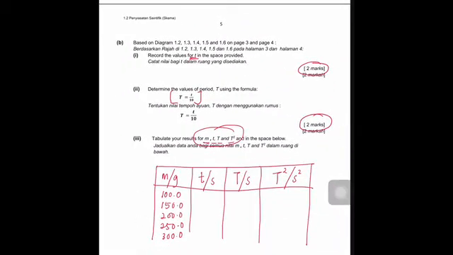Your T for 2.52, 2.60, 2.66, 0.72. See, all of them have the same decimal places, so remember them.